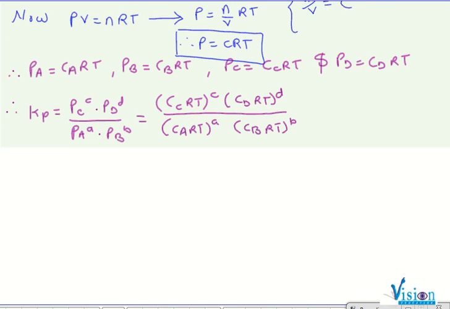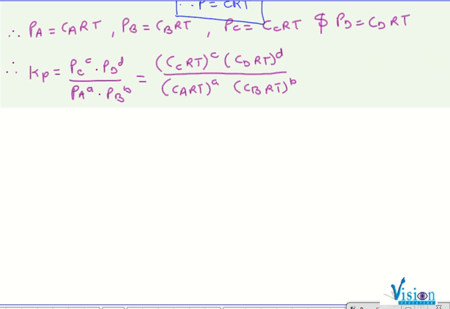We'll continue further. In this term, if you see, RT is common everywhere. So if I take RT aside, RT raised to c plus d minus a plus b.